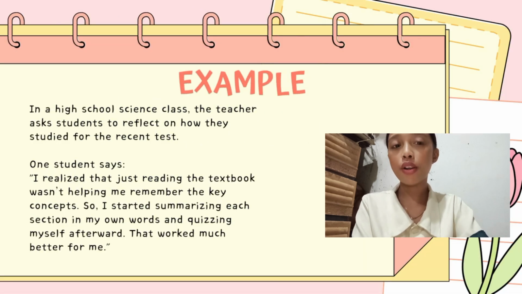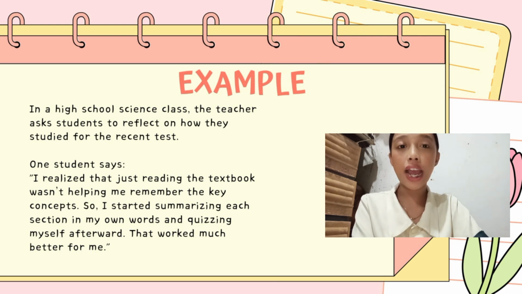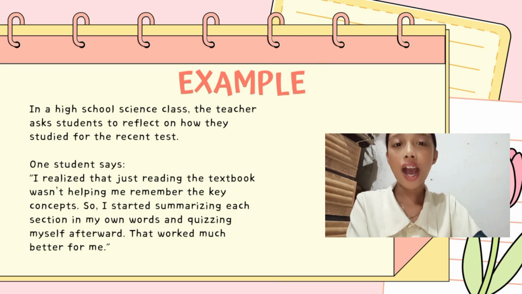Here is an example of metacognitive knowledge in a classroom setting. In a high school science class, the teacher asked the students to reflect on how they studied for the recent test. One student says, I realized that just reading the textbook wasn't helping me remember the key concepts.